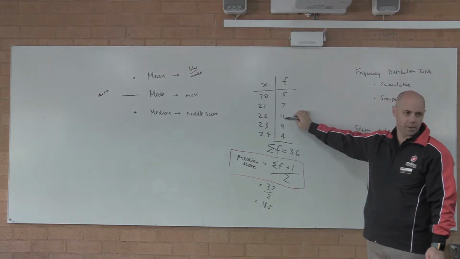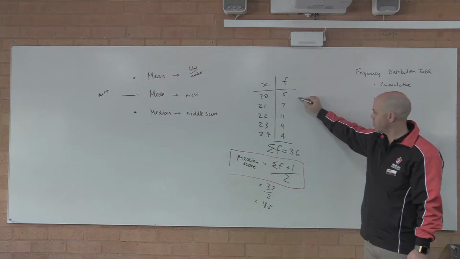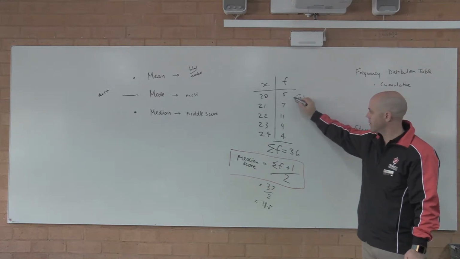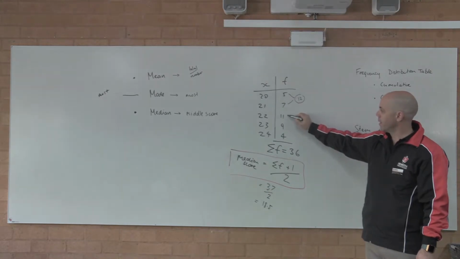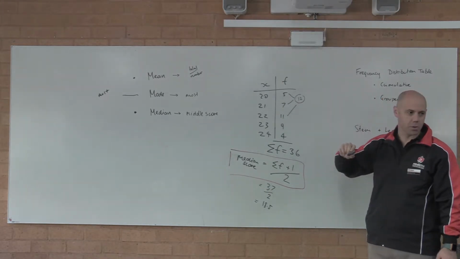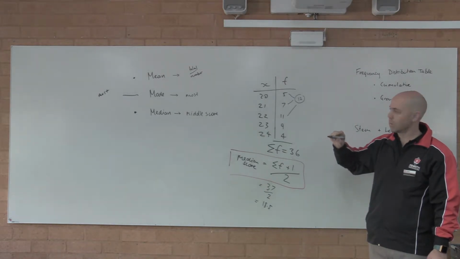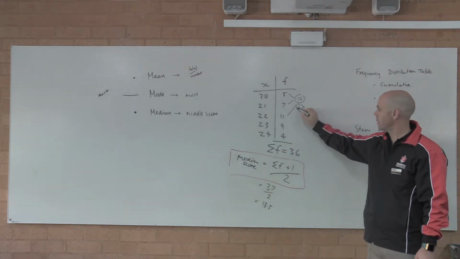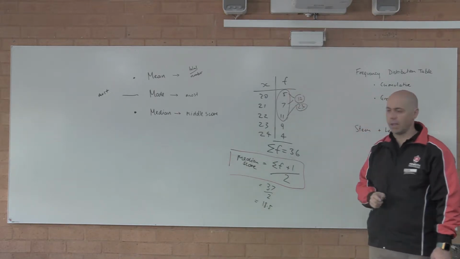Our next 11 scores are 22. So there are 12 scores in this bit. And when I put in the next 11 scores, how many scores have I got together then? 23. So there are 23 scores here.